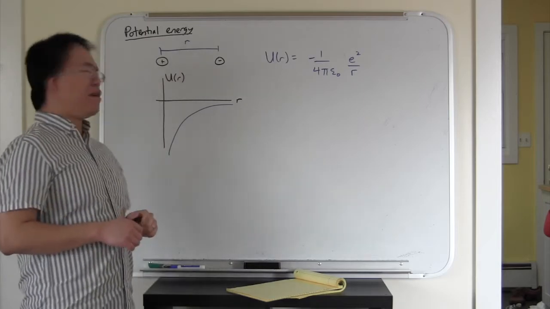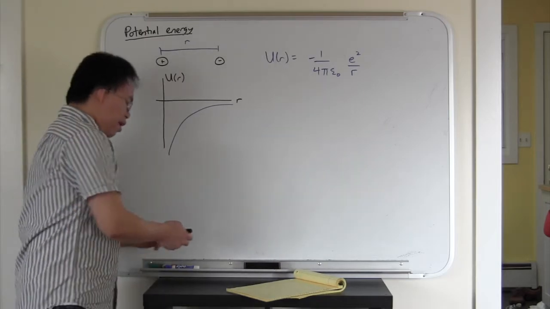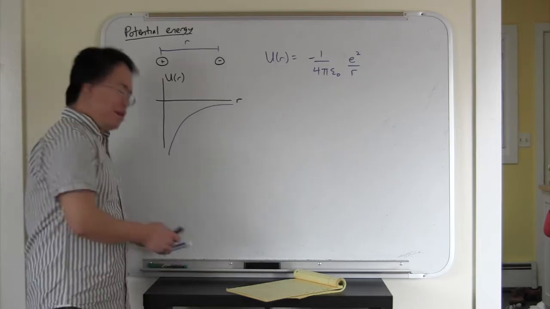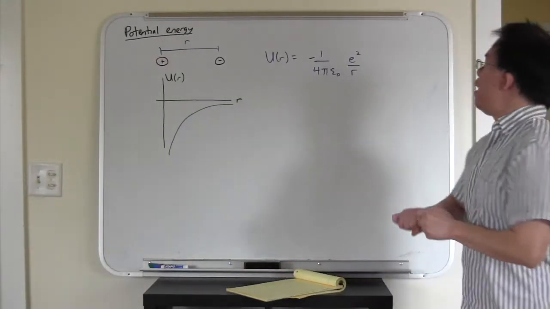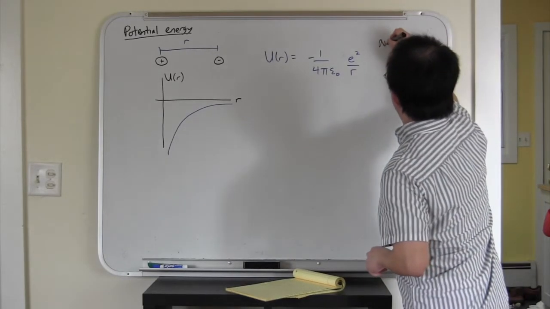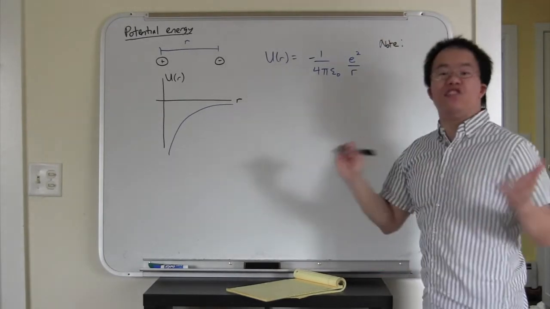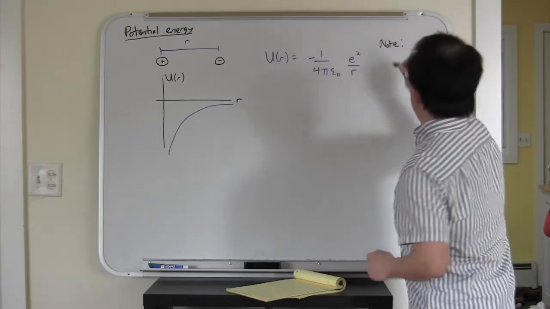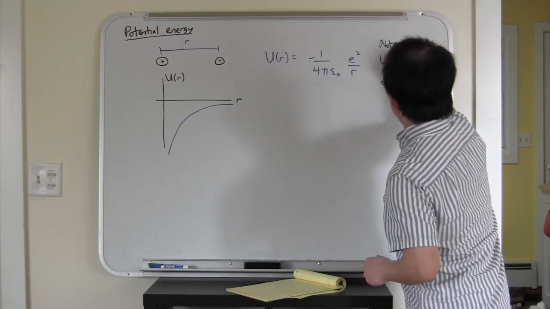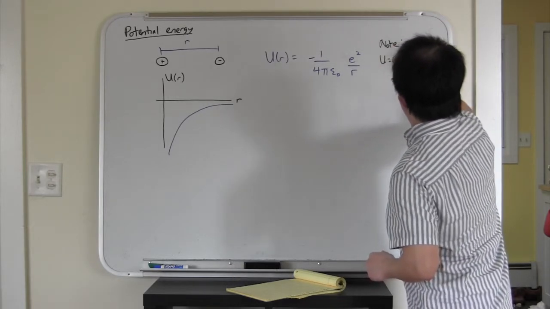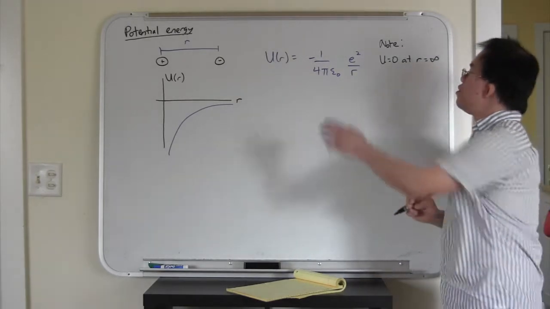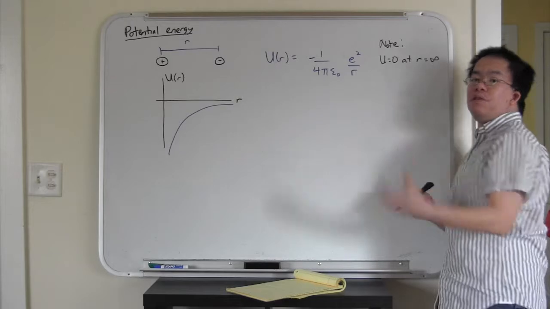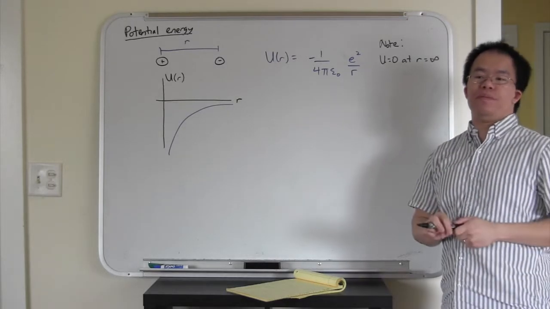A few things that I wanted to mention. So first of all, there was a question on a reading quiz, I think the other day, about the convention of where we set the zero of potential energy. From the form that we've written down, you can see here that U is 0 at infinite separation.